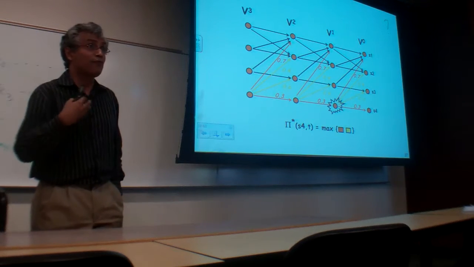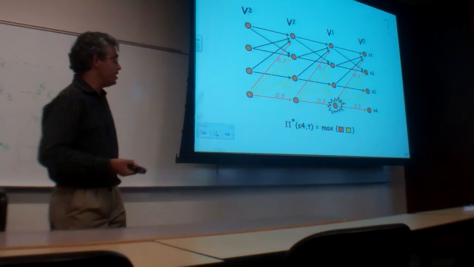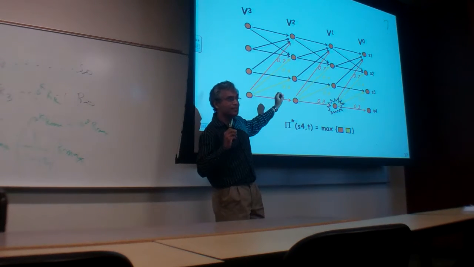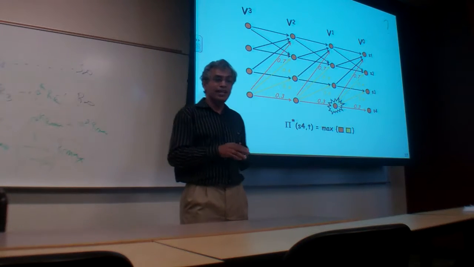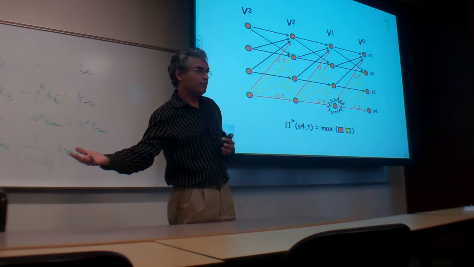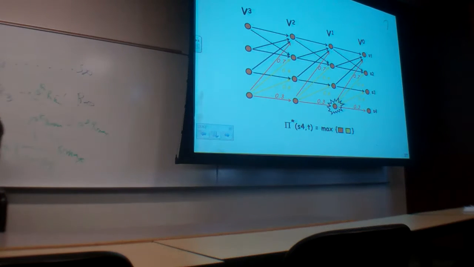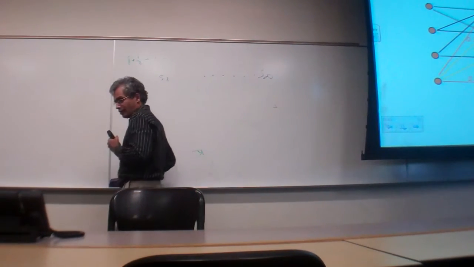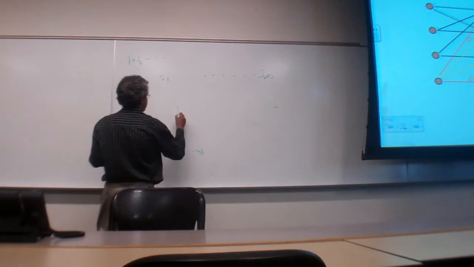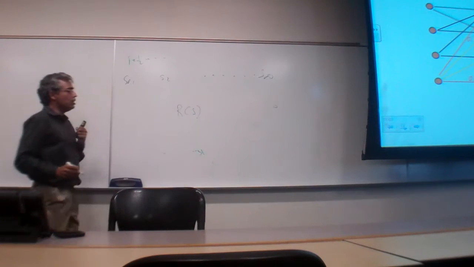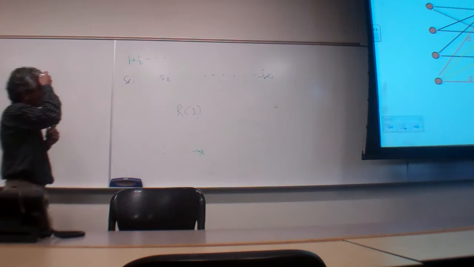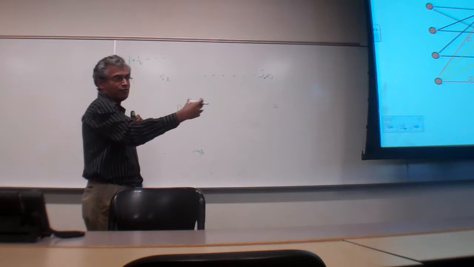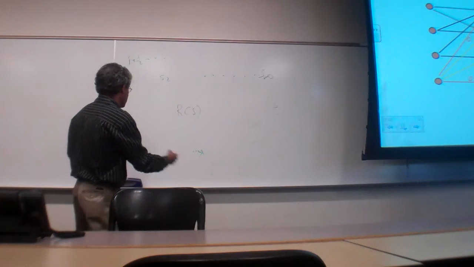And you can define the non-stationary reward function like this: if the inherent goodness of a state is R of S, then you would discount it by the number of stages you have already lived.